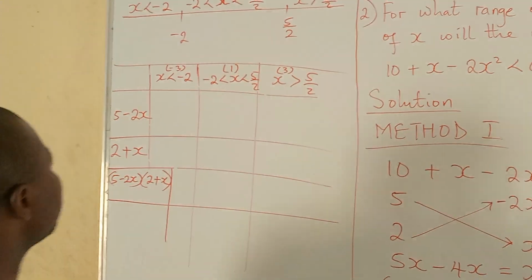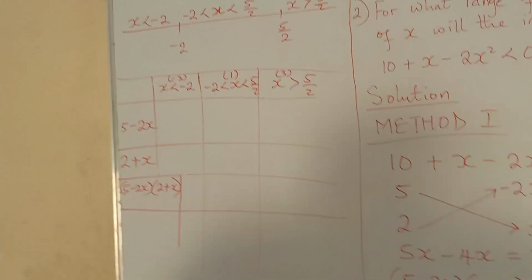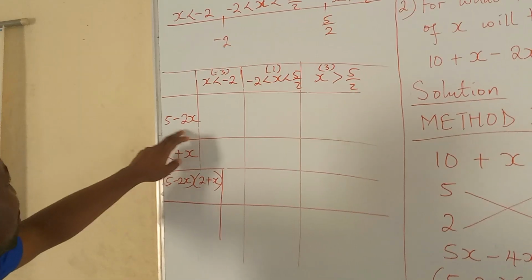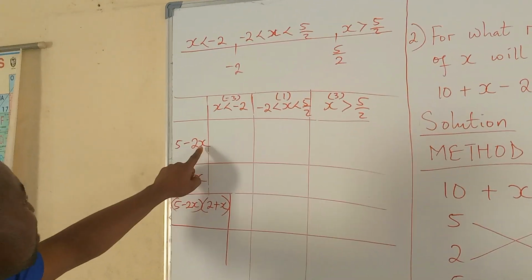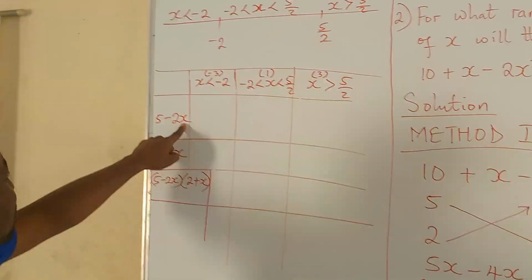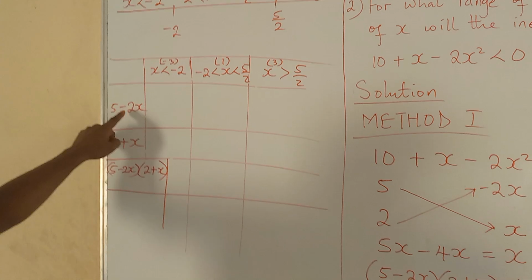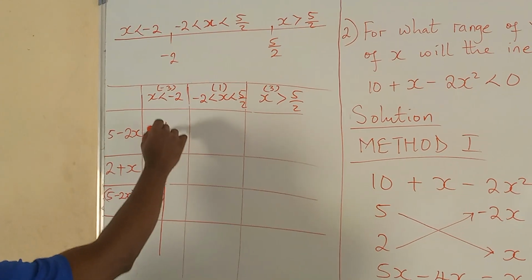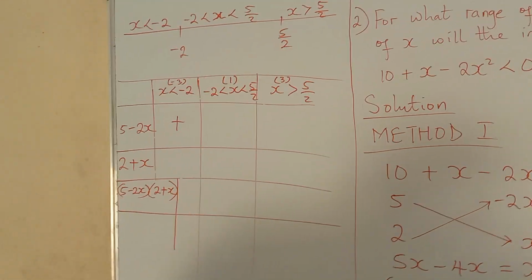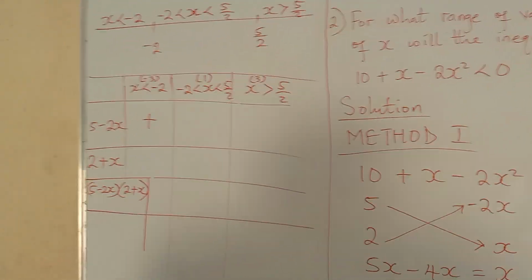So let's consider 3. So at this point, when x is minus 3, this will be 5 minus 2 times minus 3. And so this is like saying 5 plus 6, which is 11, a positive number. We're interested in the sign, not necessarily the value.